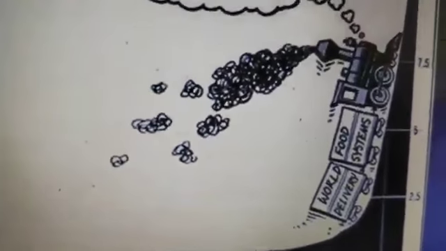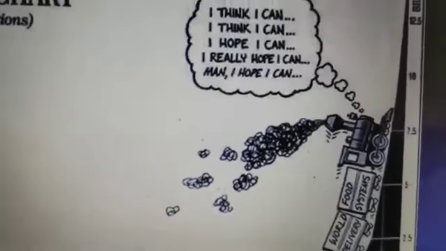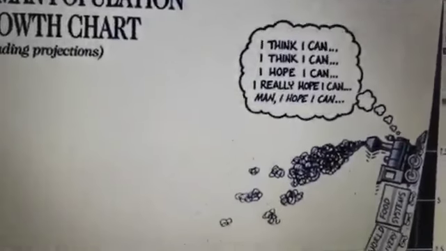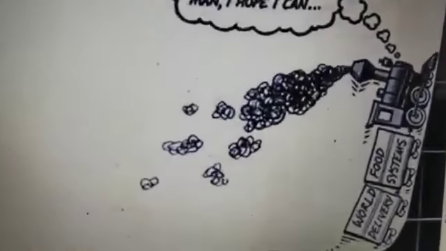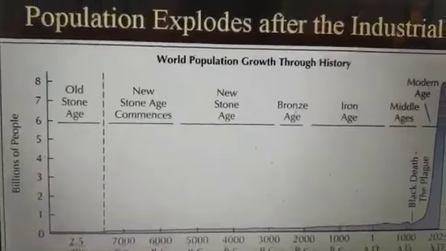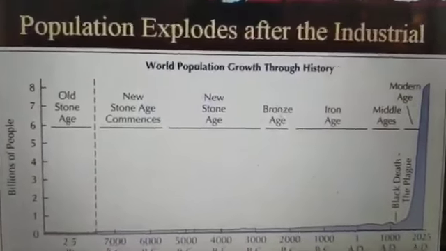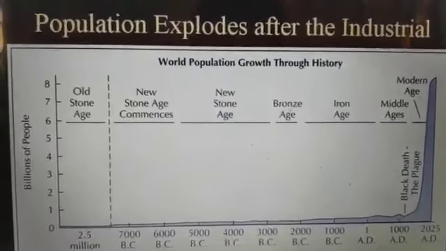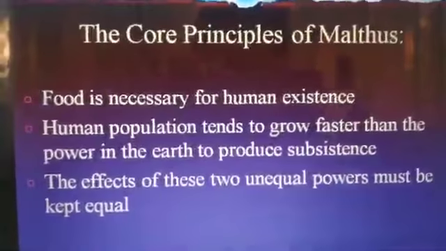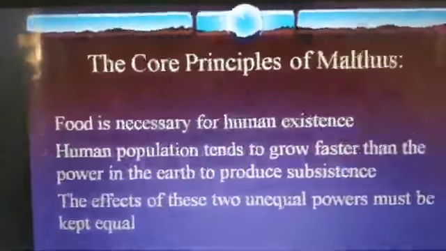Then in the 19th century, when the industrial revolution came, population growth began, and this train started bumping, and the problem exists after that. And then you can see that population explodes after the industrial revolution. Okay, so under this background, the core principle of Malthus was established.